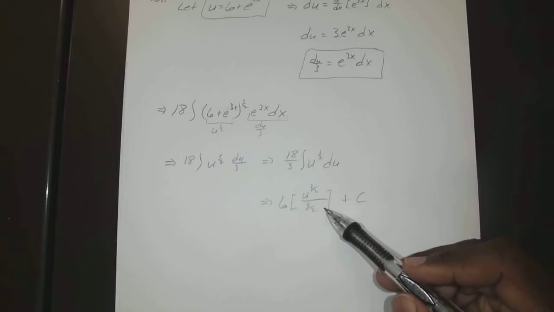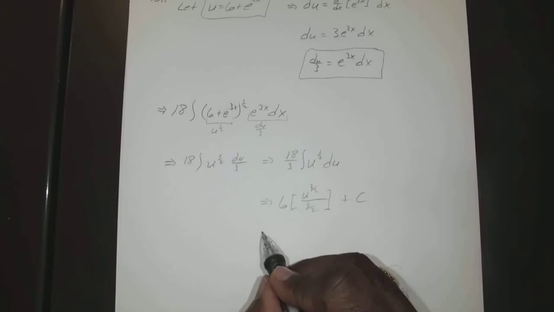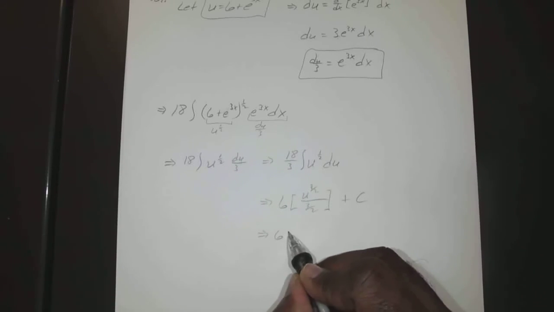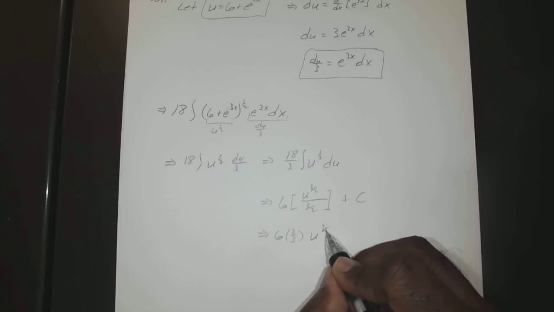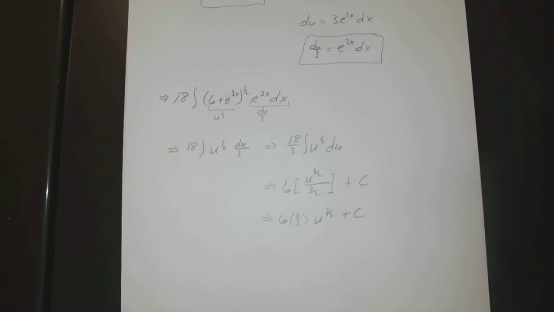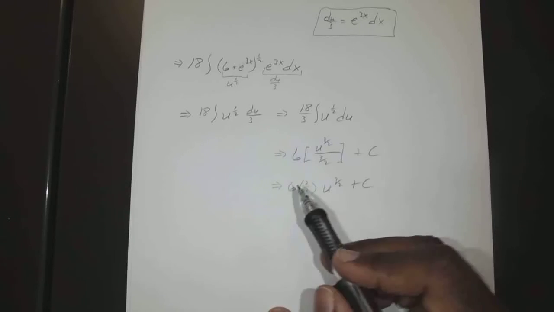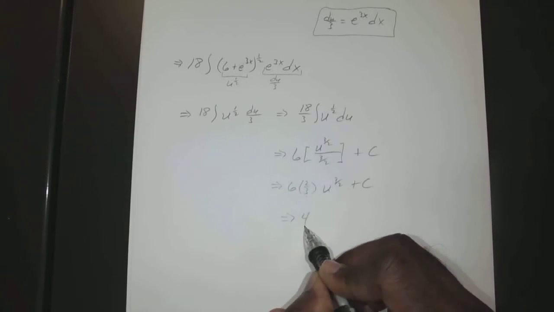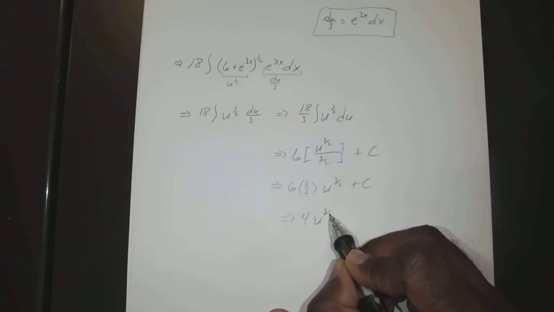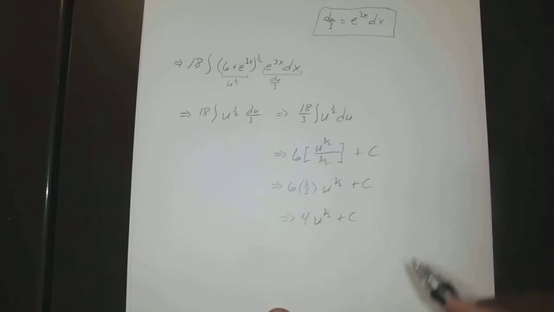Okay, so we multiply the numerator and denominator by 2 over 3. You get 6 times 2 over 3, u to the 3 over 2 plus c. We get 12 divided by 3, which is 4. So that becomes 4 u to the 3 over 2 plus c.